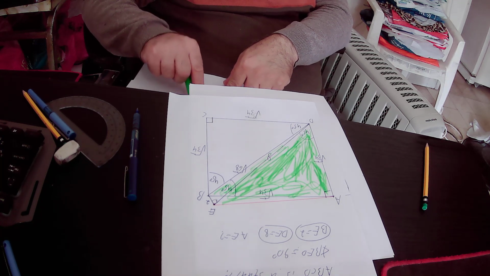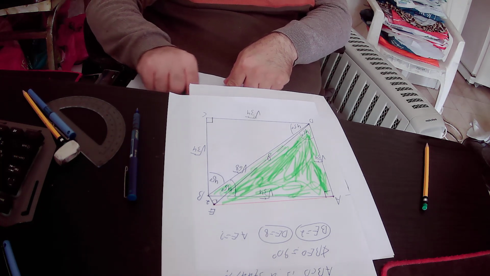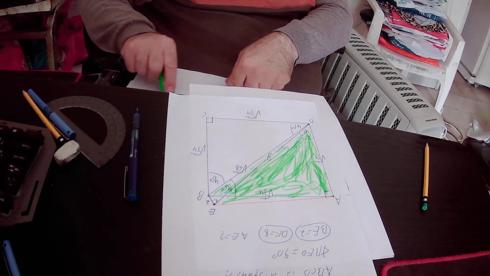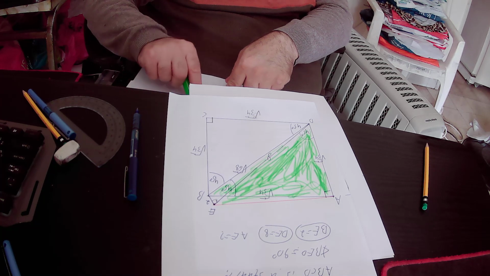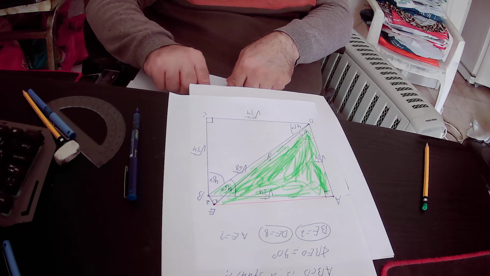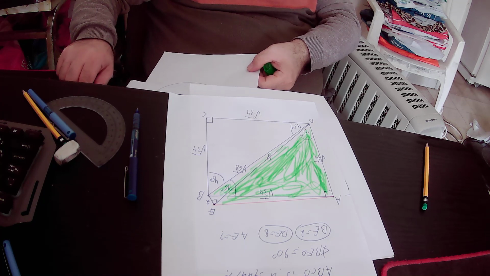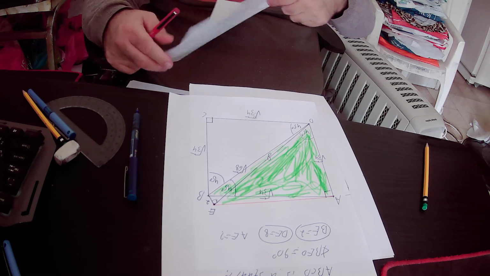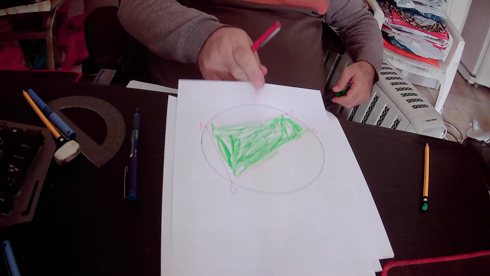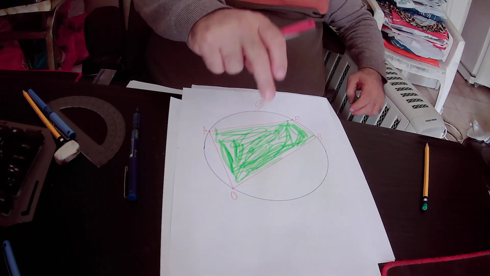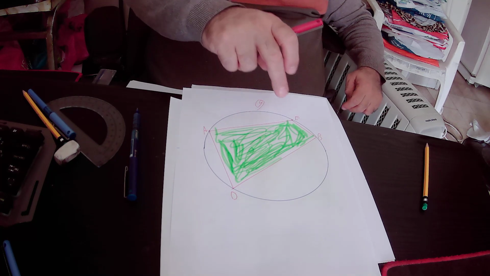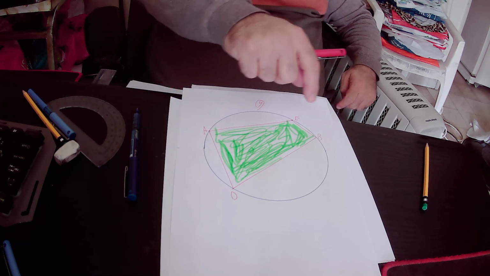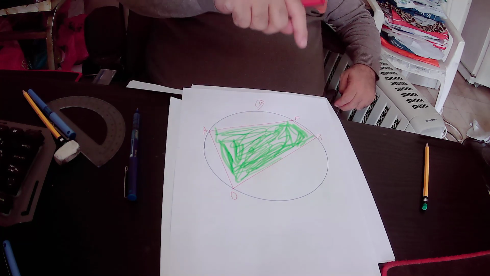So we have quadrilateral AEBD that is inscribed by a circle. According to rule number 2, the quadrilateral in the green color, quadrilateral AEBD, is inscribed by this blue circle, and the 4 points A, E, B, and D lie on this blue circle.